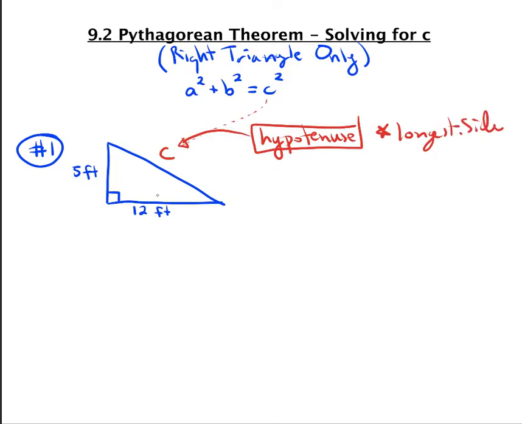And it can always be found by going directly across from the right angle. So if C is the hypotenuse, and we have these other two, we call them the legs. So we've got one leg here and one leg over here on the 12 and the 5.